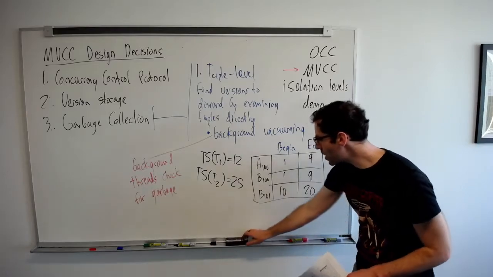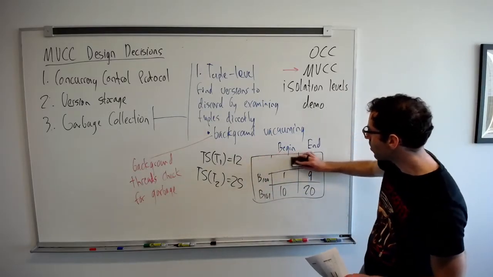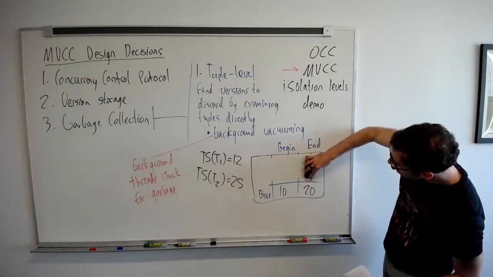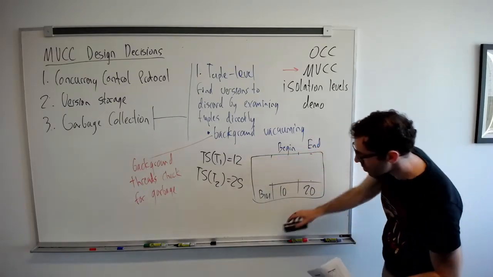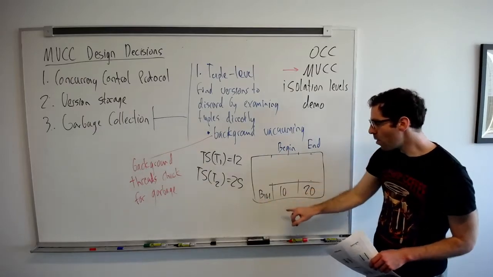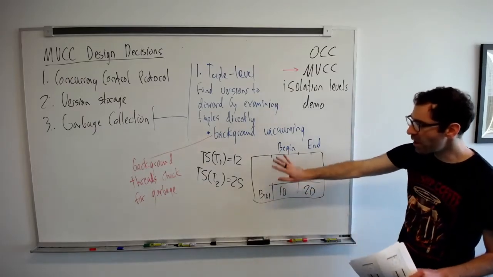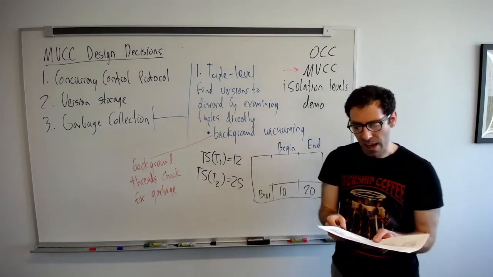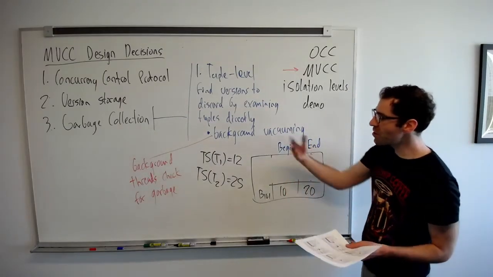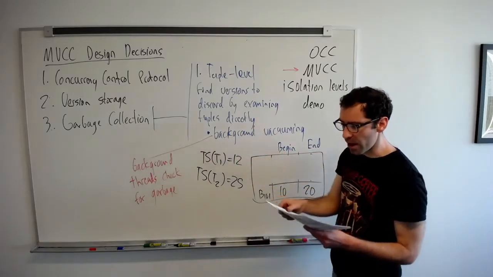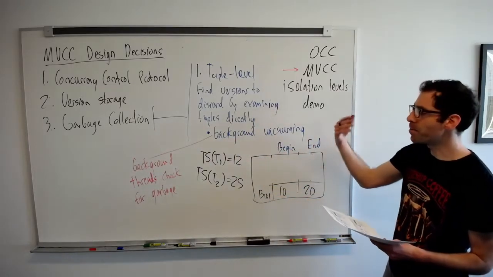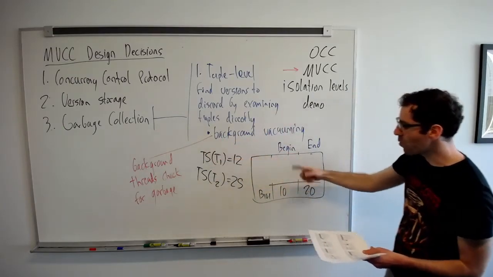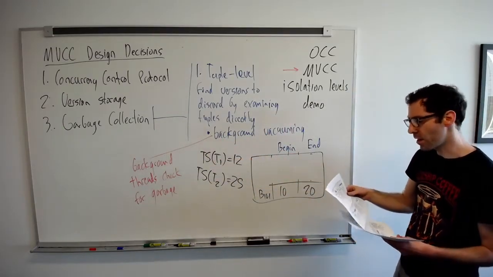We don't actually need this. We can throw that away. Same with B100, it's 1 to 9. We don't need that either. It's garbage. B101 from 10 to 20, our current transactions could conceivably access. And so this is just a periodic background process that will go through and clean up the data like this.